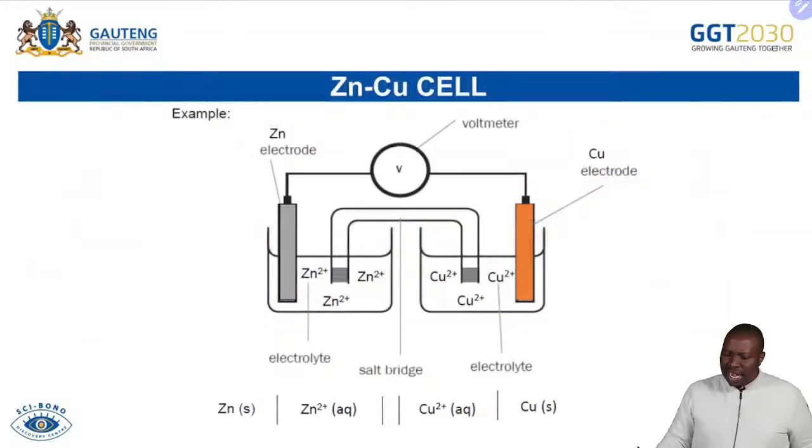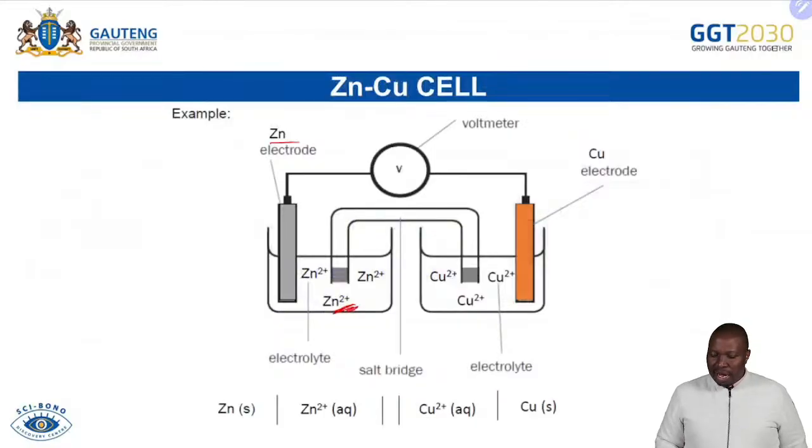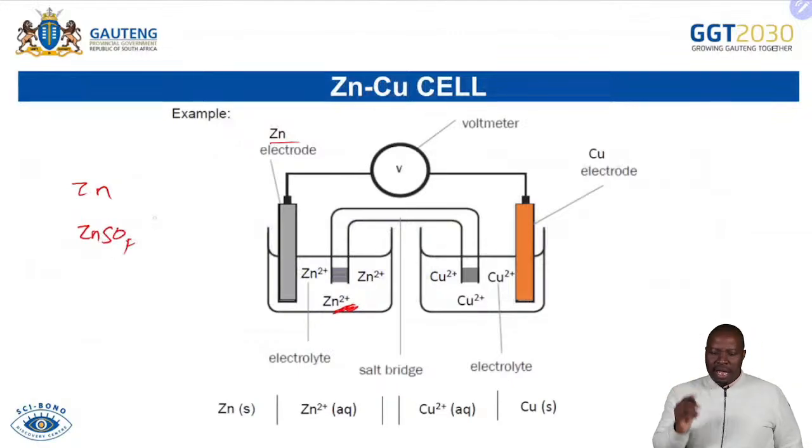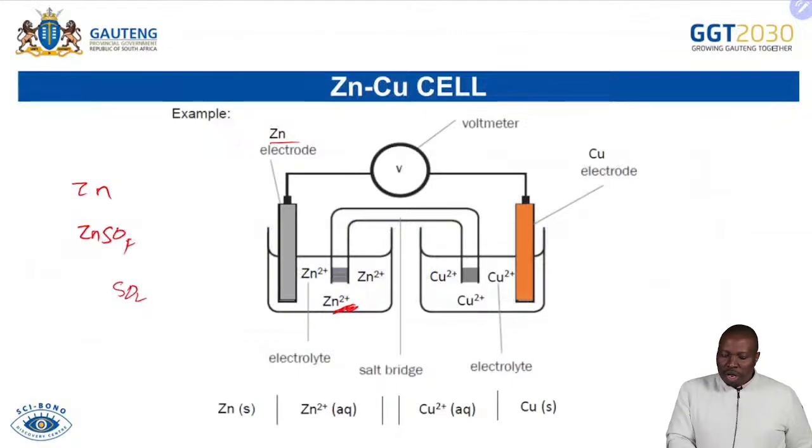Just to emphasize, when we have the zinc electrode, it must be in zinc ions. The electrolyte must be zinc, so zinc will be in Zn 2+. But some of the time we hide the Zn 2+ by writing zinc sulfate. The oxidation number reminds you that SO4 is 2-, which means zinc is 2+.